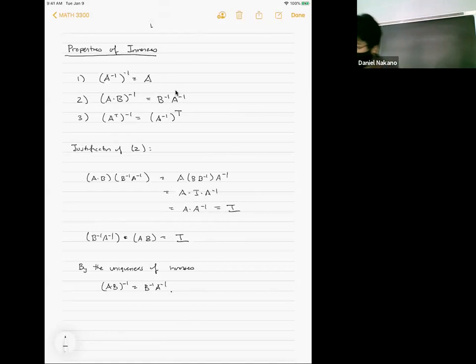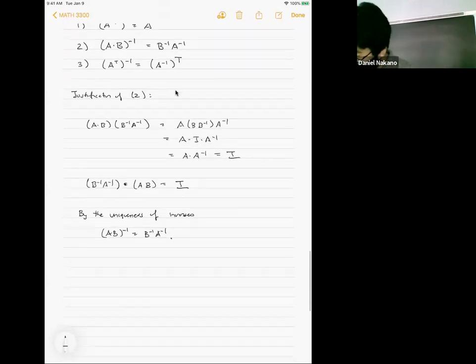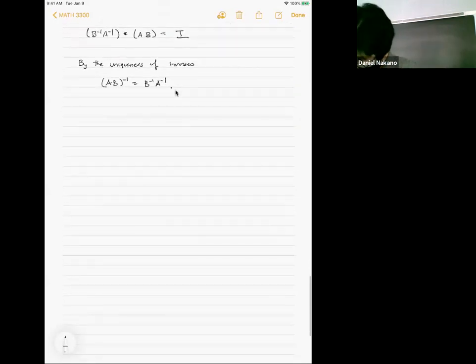Okay, so now what I want to do is move on to how to find the inverse of a matrix. Okay.